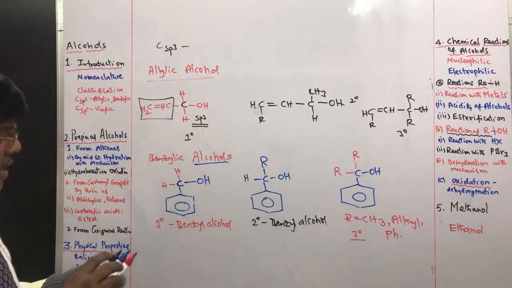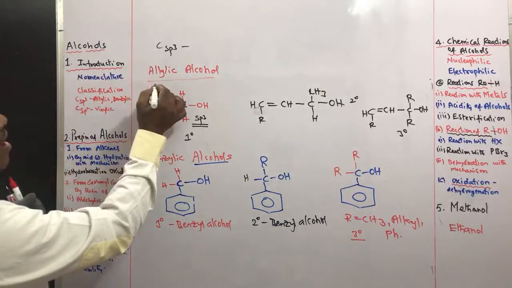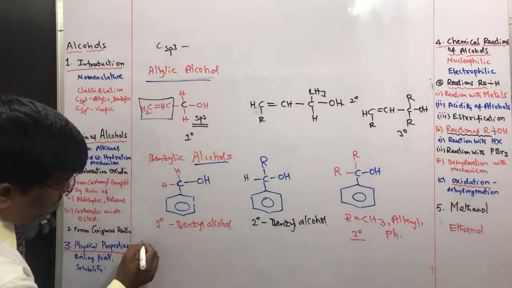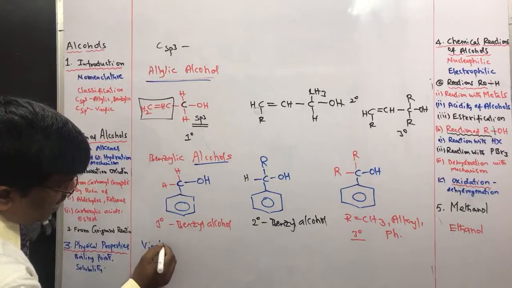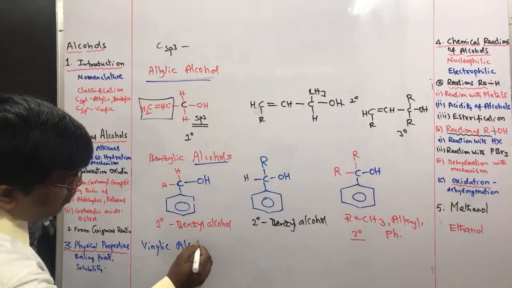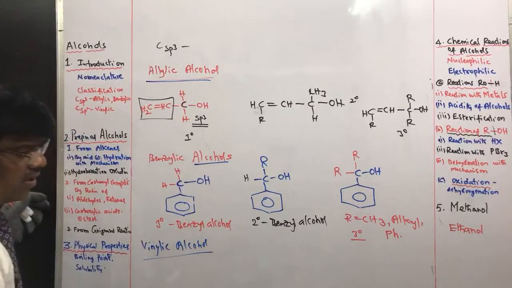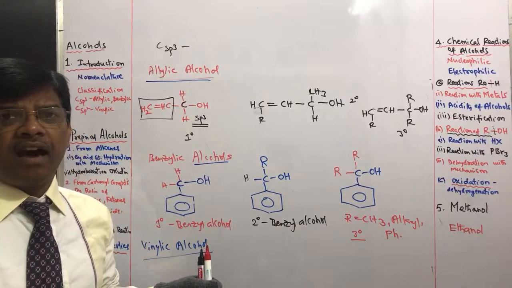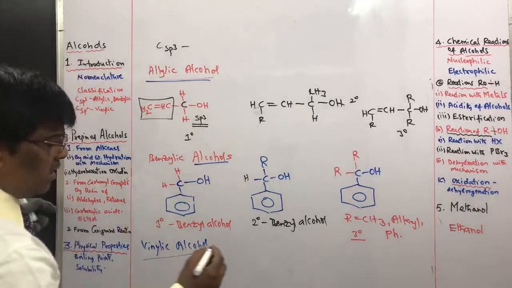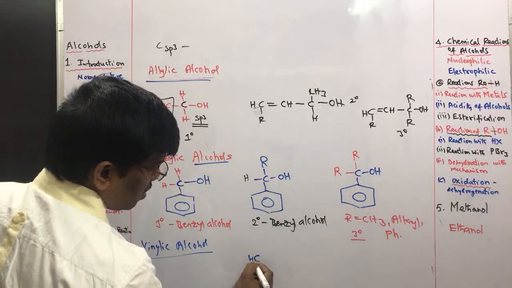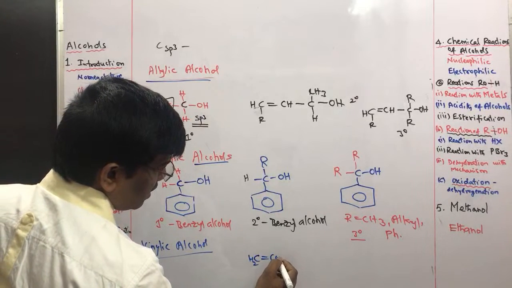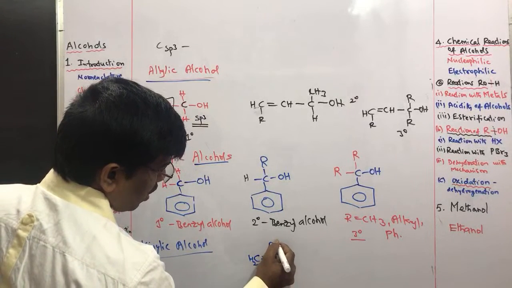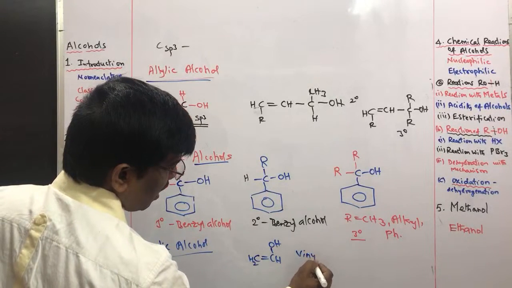Then a very specific type of compound under these alcohols is vinylic alcohols. Usually vinylic alcohols are tautomers of aldehydes or ketones, right? For example, CH2 double bond CH and OH. This is vinyl alcohol.